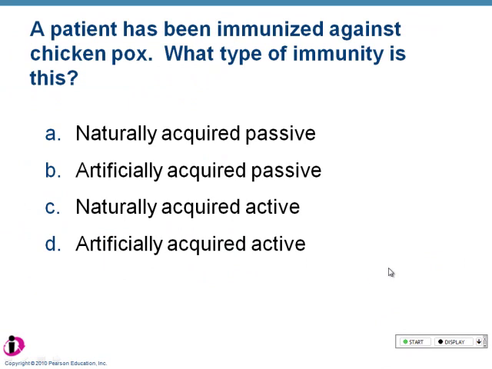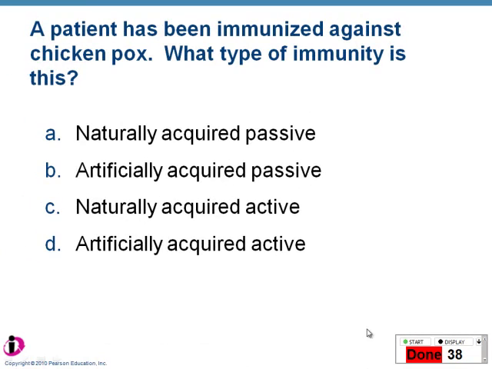All right. A patient has been immunized against the chicken pox. What type of immunity is this? Five, 4, 3, 2, 1.